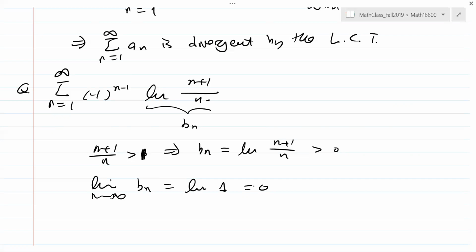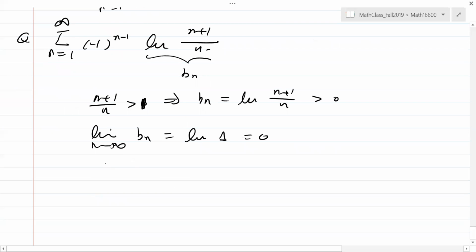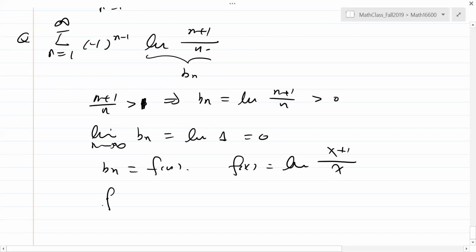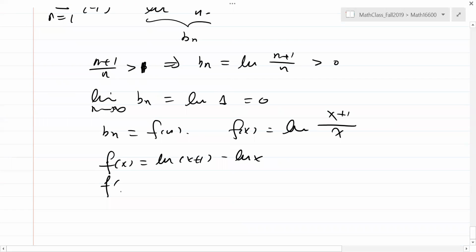So all I have to do is just look at this function to prove the derivative is negative. It's easy to do that because f of x is going to be natural log of x plus 1 minus natural log of x. And then you find the derivative, which is, right? And the first number is smaller than the second number, so it's always negative.